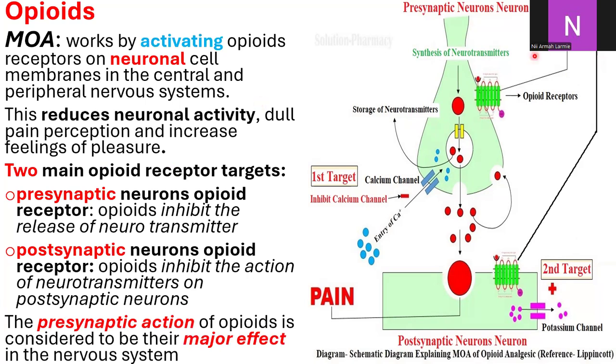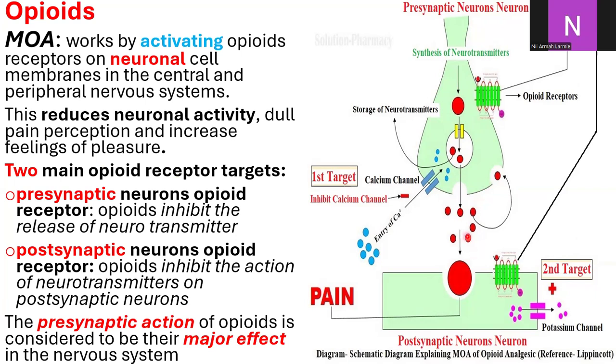So if you take our opioids, this is the presynaptic neuron, this is a postsynaptic neuron. In between a presynaptic neuron and a postsynaptic neuron, there is a gap. It is through this gap that communication is made from one neuron to another. And depending on the neurotransmitter that is used, the intended communication is made.